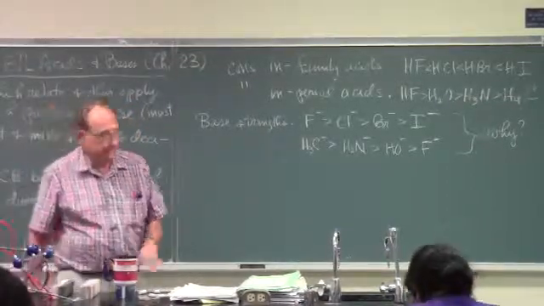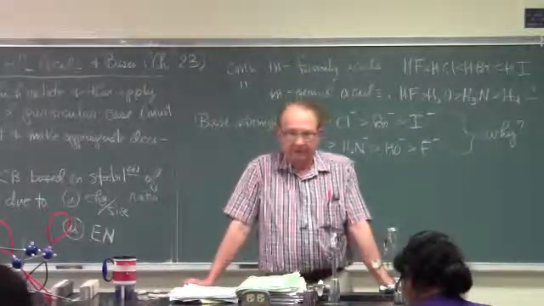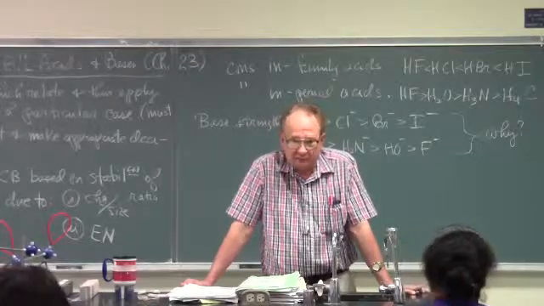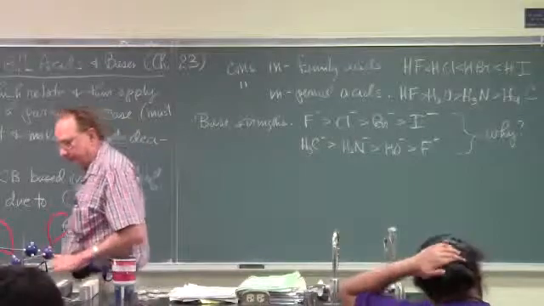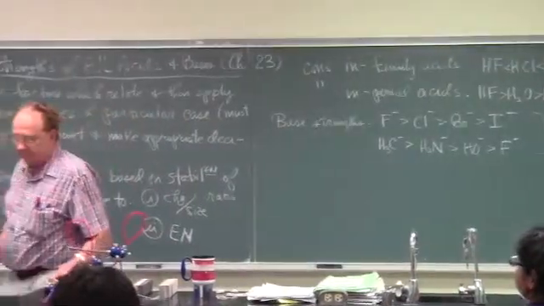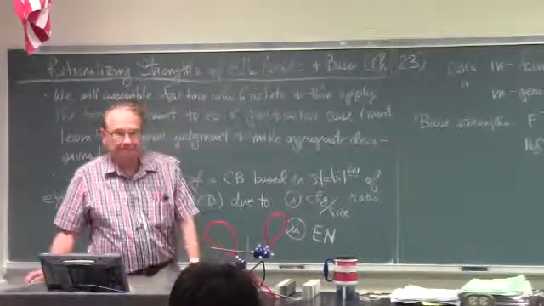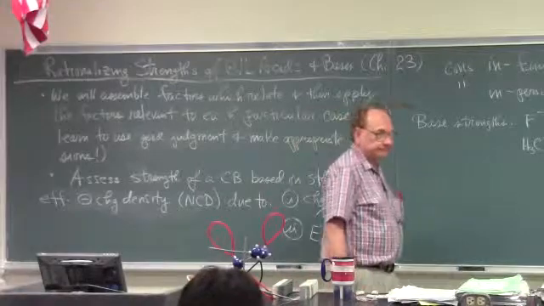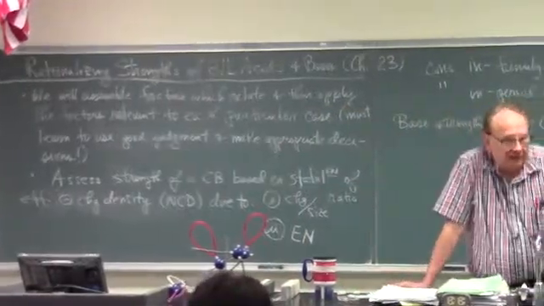All right. Chapter 23, main intent. How can we establish a basis for rationalizing strengths of Bronsted-Lowry acids and bases? What you will see is that we will assemble a collection of factors which apply to rationalization of effective negative charge density for the Bronsted base.